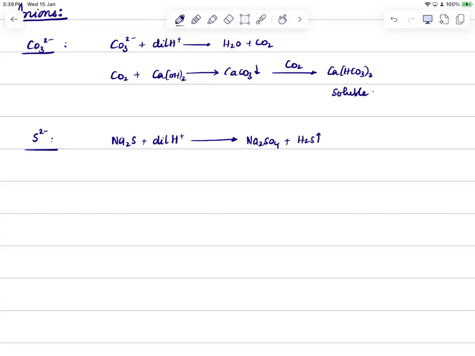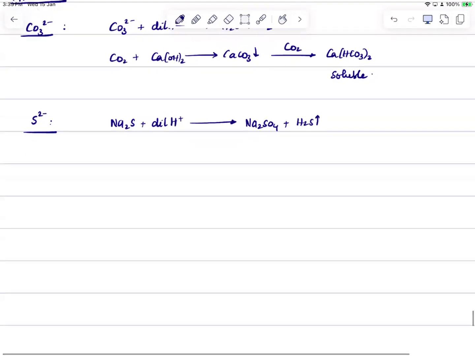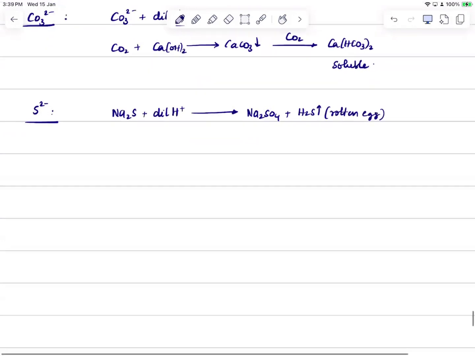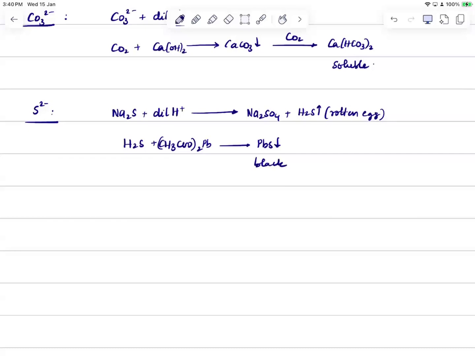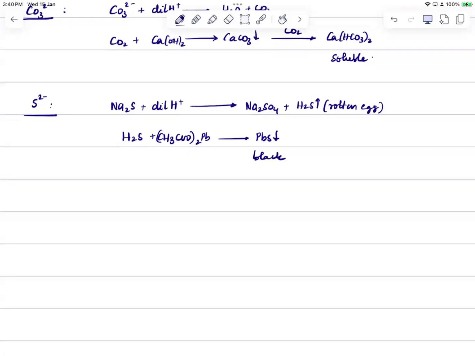Got it? H2S vapors have a rotten egg smell. And if you add this with (CH3COO)2Pb, lead acetate, we will get PbS, a black color PPT. Black color PPT here. Correct?